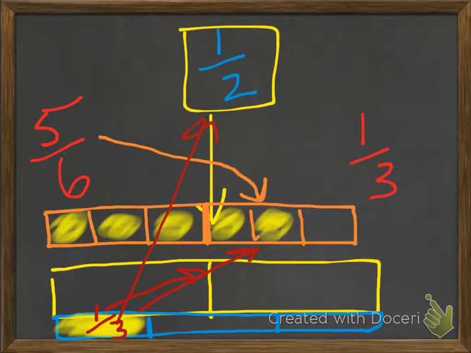Hopefully that makes sense to you. So what we're saying is, if we look at our benchmark fraction to help us guide if it's smaller or bigger than each of these, we can easily see that really 5/6 is greater than 1/3, and we used the half fraction as our benchmark to help us figure it out.